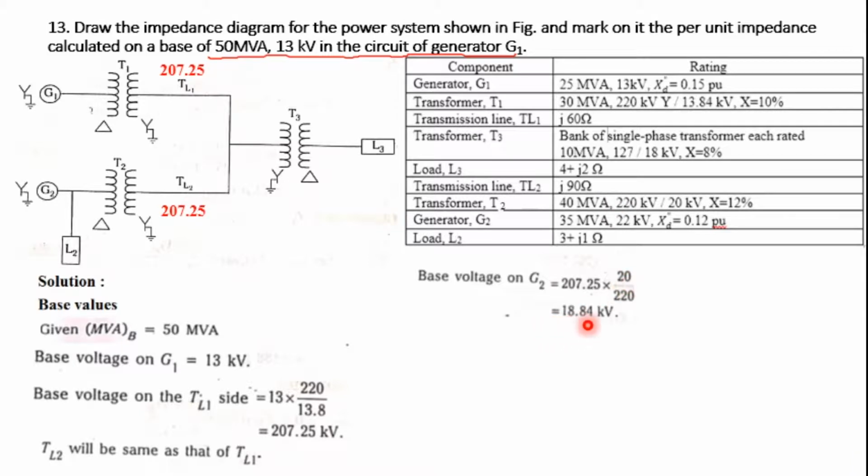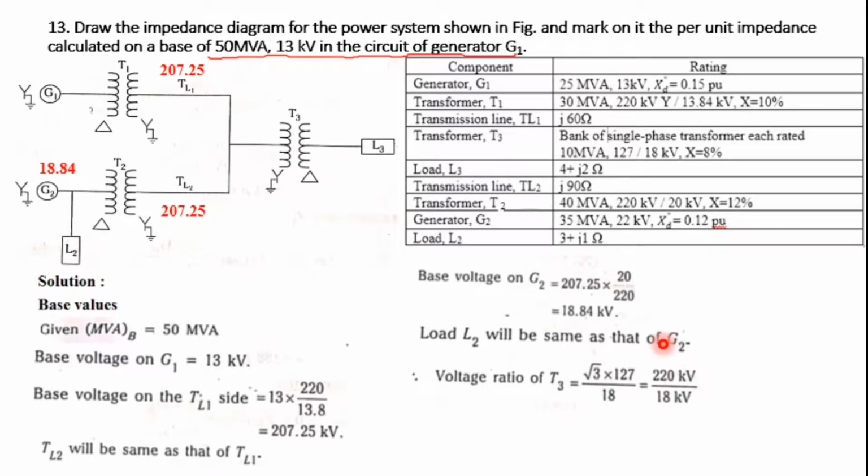You will get 18.84. That is the new value across generator G2. The voltage across L2 is also the same, because it is connected on the other part of the transformer, the secondary low voltage side. So L2 will be the same as the G2 value.